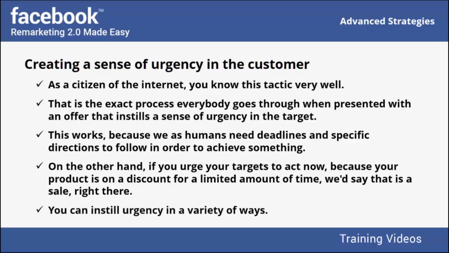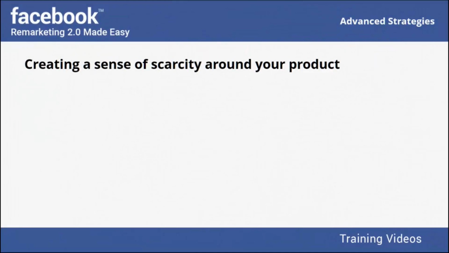You can instill urgency in a variety of ways. You can place a significant discount over the price of your product and sell it as a limited time offer, or simply show a counter and tell your customers that the product will be available until the time runs out. That way, you create a sense of urgency that is really, really hard to break, especially if people like your product.